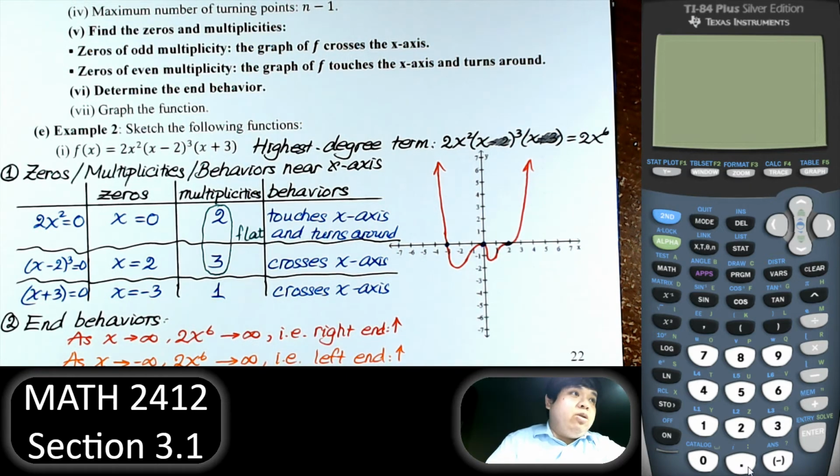So let's see if it actually looks like that. 2x squared, x minus 2 cubed, x plus 3.